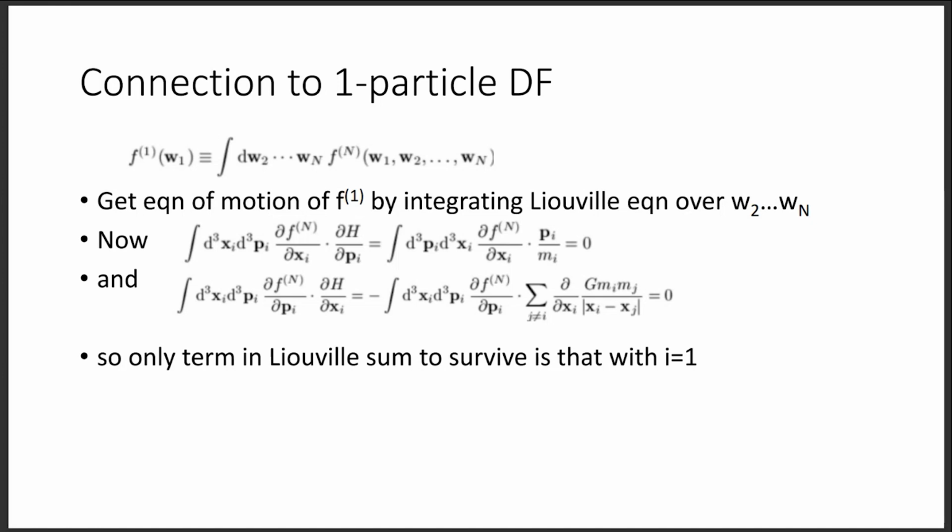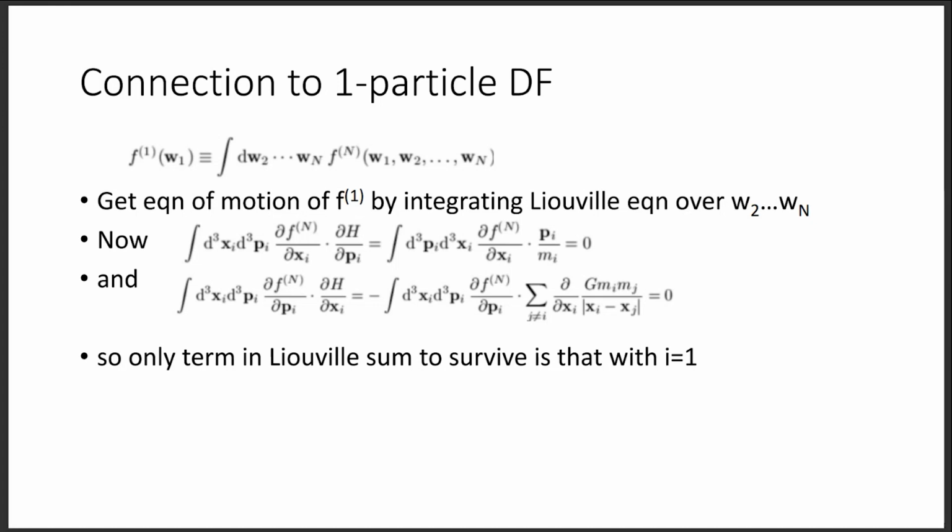Now, when we do that, we're going to have integrals like this. We're going to be integrating over any one of these w's. So d6wi is d cubed xi d cubed pi. We're going to be integrating a Poisson bracket.